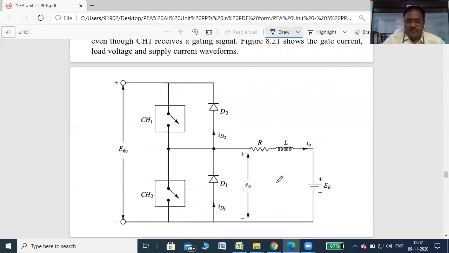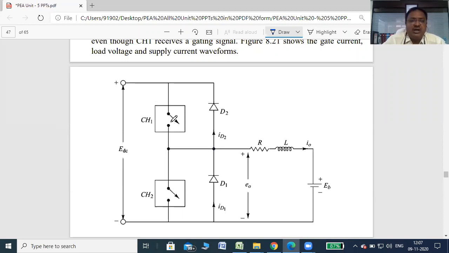I'll just repeat the working of this particular circuit when the output voltage is positive, when the current is positive, when the output voltage is zero, and when the current is negative. Okay, so initial condition: when chopper 1 and chopper 2 are both off, then diodes D1 and D2 are also off. So load voltage equals 0 and load current is also equal to 0. That is the first condition.